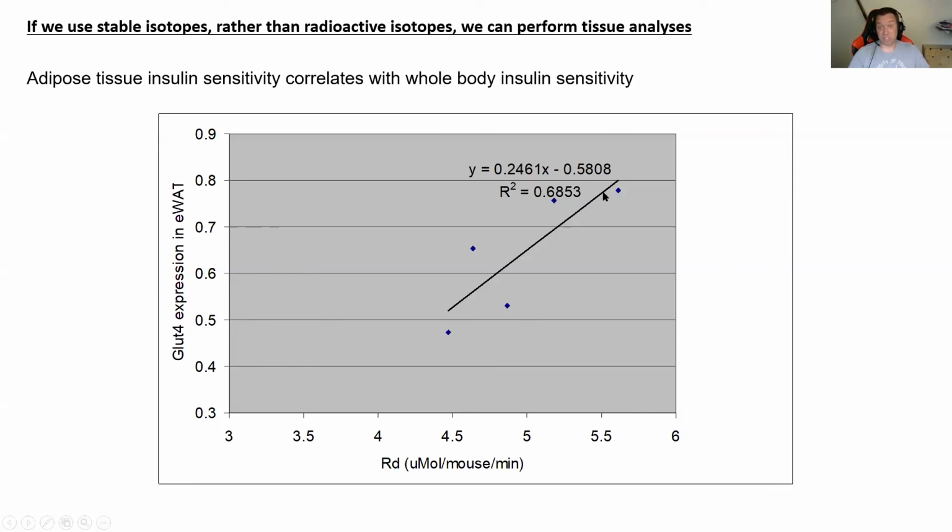This shows pretty much what I've always found, which is that statement seems to be very true. It doesn't hold true for muscle mRNA expression of GLUT4, but it does seem to be true of white adipose tissue. And you can't do this with radiation unless you want to fill out a lot of risk assessments to allow you to extract RNA from radioactive tissue.